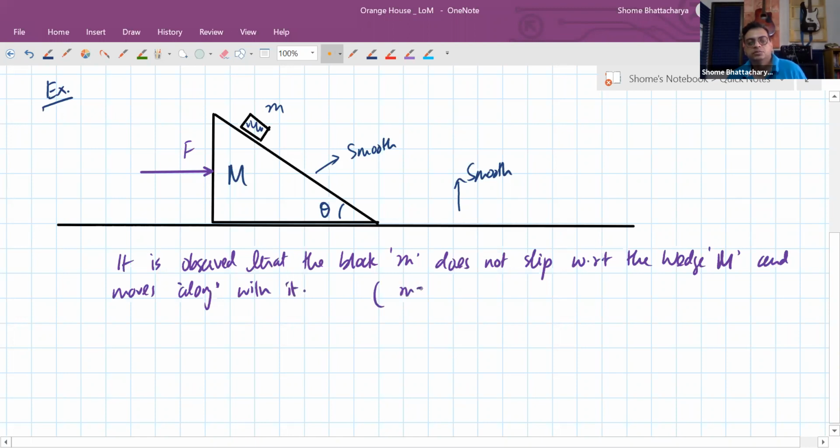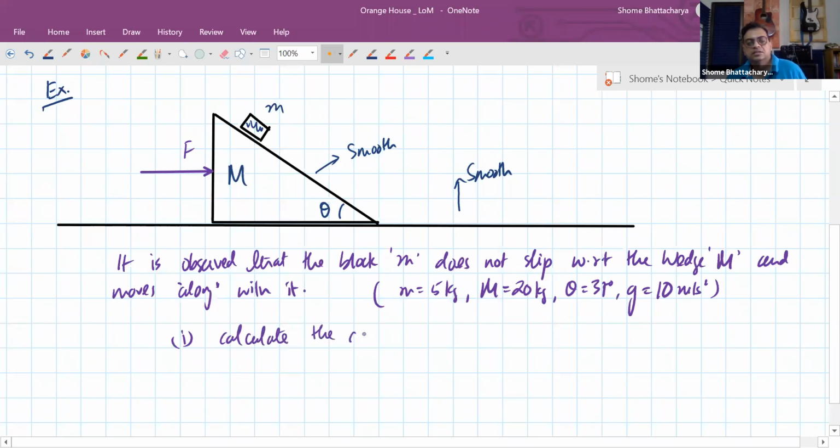Given that small m is 5 kilograms, capital M is 20 kilograms, and the angle theta is 37 degrees, take g as 10 meters per second square. So first thing, calculate the acceleration of the wedge with respect to ground.